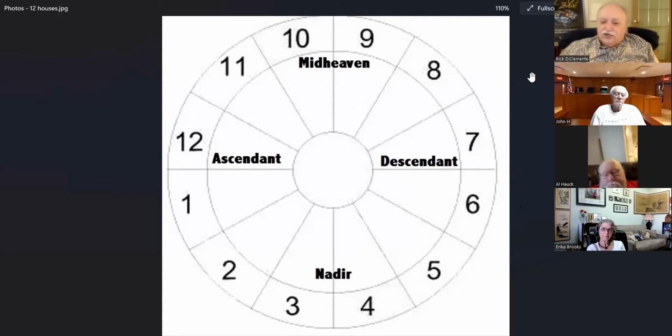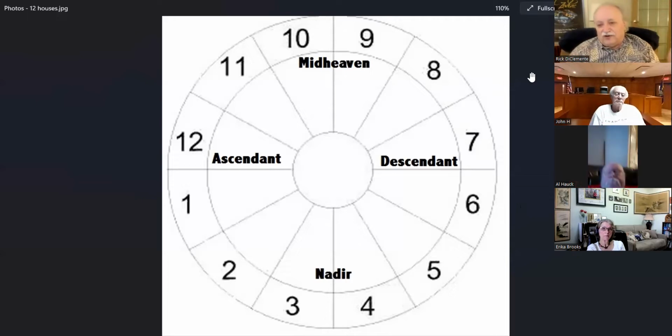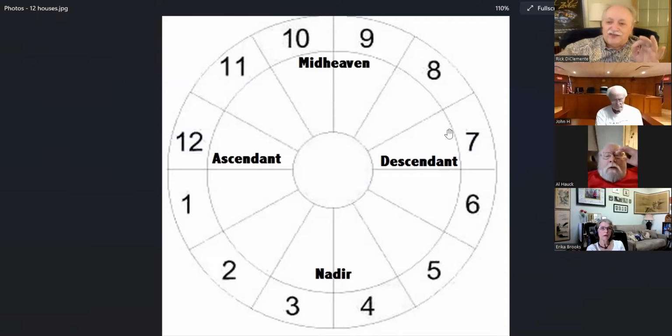Who's my match? Who's my best match? And we're just so over focused on this part of the circle because of Cosmo magazine and these others. And people want to have a partner and they want intimacy, yes. But we have put way too much focus on this house being marriage, divorce, and partnership.